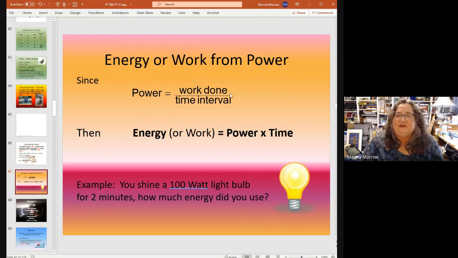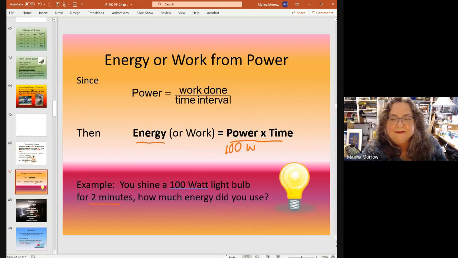Okay, now you can also turn this formula around so that energy is power times time, or work equals power times time. So here's a 100-watt light bulb. Shine it for 2 minutes. How much energy did you use? Well, the power is the 100 watts.